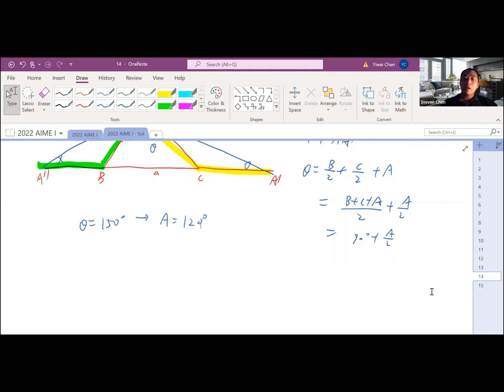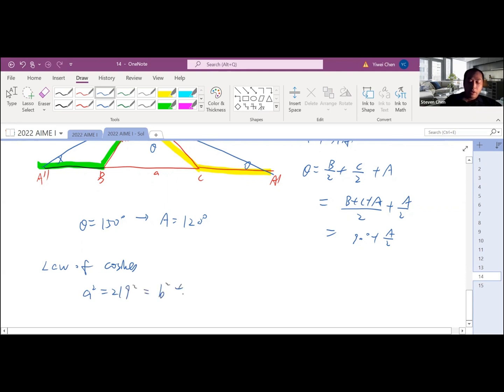So we have to apply the law of cosine, okay? So we know that small a square, so that is 219 square is equal to b square plus c square minus 2bc cosine a. So a is 120, then cosine a is equal to negative 1/2. So this is equal to this one.